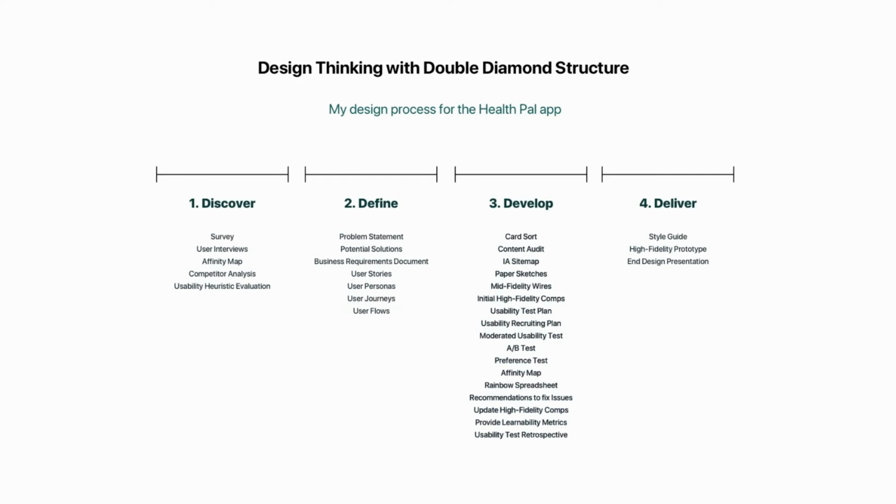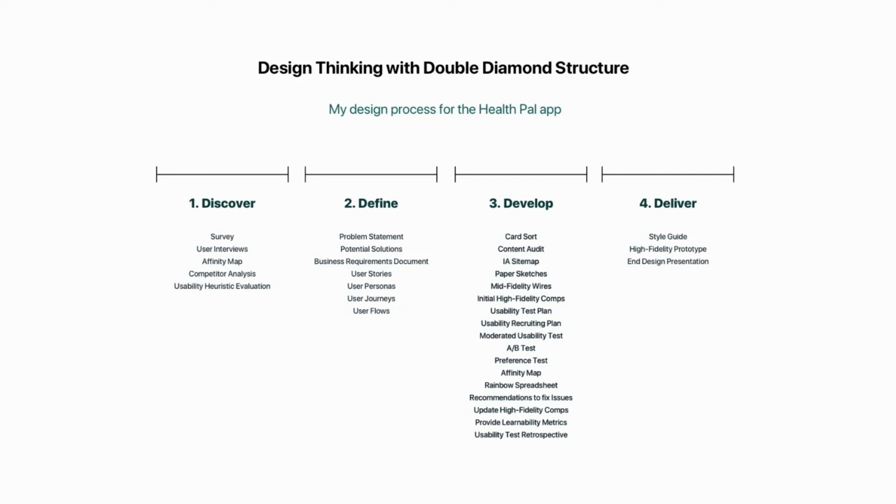Then under define, we are trying to define the problem statement, potential solutions, business requirements, user stories, user personas, user journeys, and user flows. These come after the discover option, where we're basically trying to define the details, either through the value proposition or product specifications. All of these details we have learned so far.